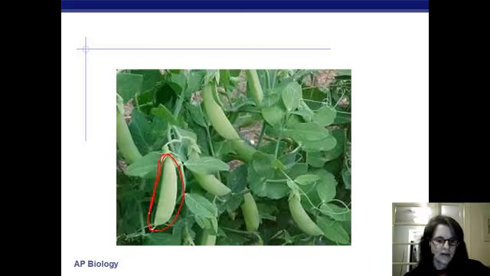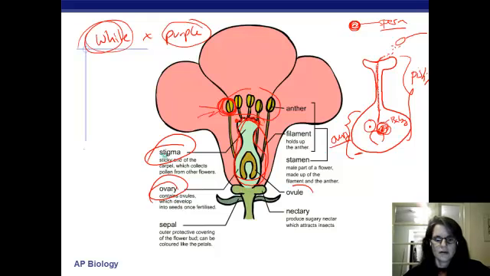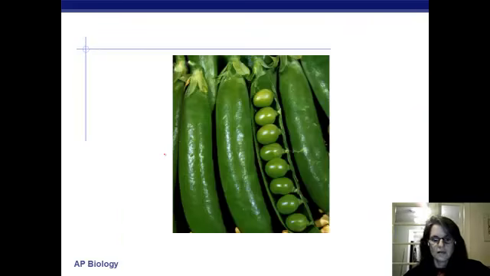And it's the ovary. So if you've ever eaten a pea pod, you are eating an ovary from a pea plant. What's more, you're eating what's inside it, which are the babies. These were the fertilized eggs in those ovules. This is the seeds that were created at the fertilization event. Well, Mendel wouldn't eat them. He would plant them and let them grow.